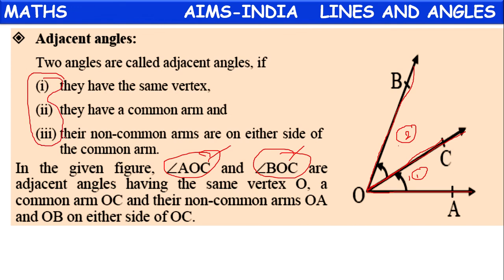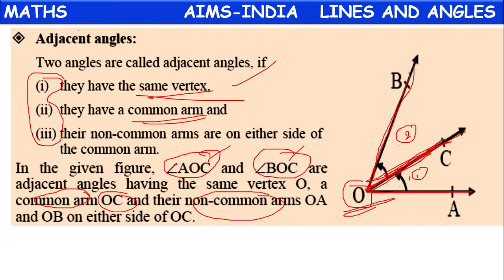If they have these 3 properties, they are said to be adjacent angles. So, whether they have a common vertex? Yes. Both of them have a common end point, common vertex O. So, first point satisfied. Whether they have a common arm? In AOC, OC is there. In BOC, OC is there. So, OC is the common arm, common side.